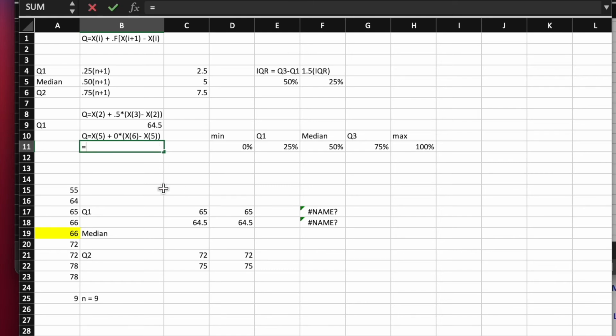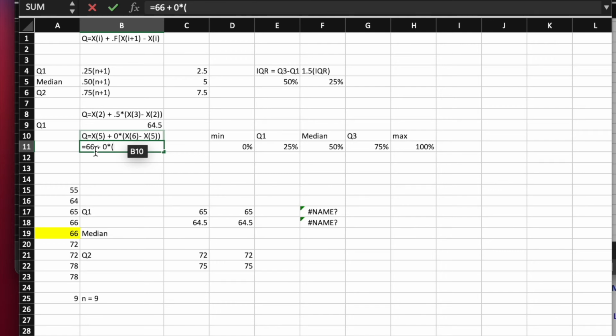That means we're going to look for the fifth value in the data set, x of 5, which is 66. 1, 2, 3, 4, 5, 66. Okay. We're going to add that to 0 because our value here for the I and F does not have a fraction. Therefore, it's 0. So 0 times x of 6.